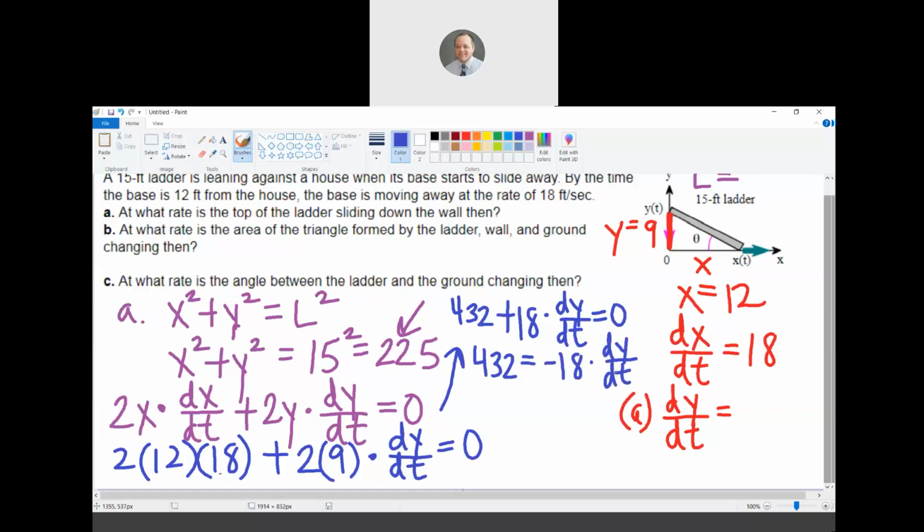And just like solving a regular linear equation, you divide both sides by, in this case, negative 18. And your final rate for the top of the ladder sliding down the wall is negative 24 feet per second.